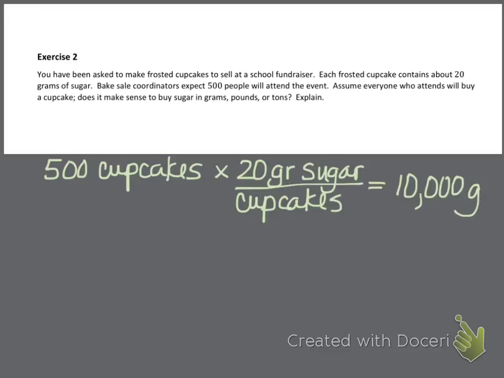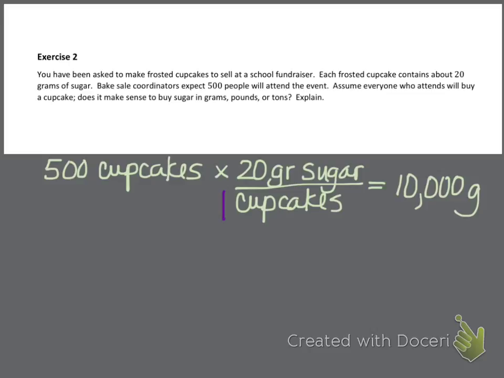So I calculated that 500 cupcakes, because each person's going to buy 1, times 20 grams of sugar per 1 cupcake, I should have put here. And so that's 10,000 grams of sugar altogether that we're going to need.